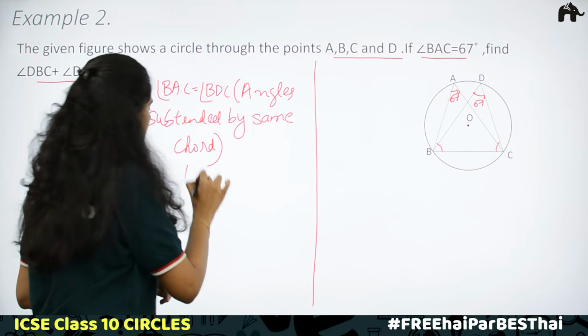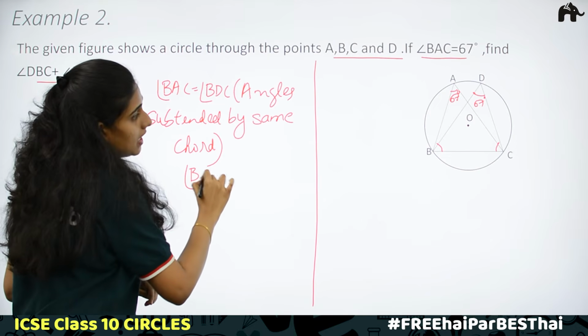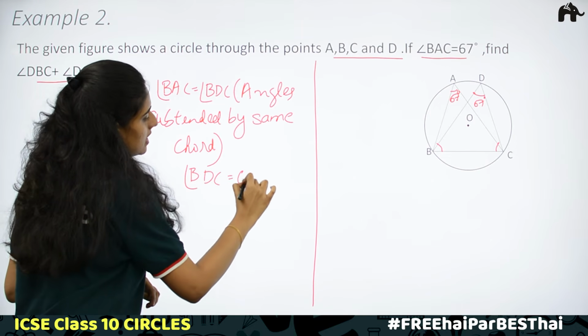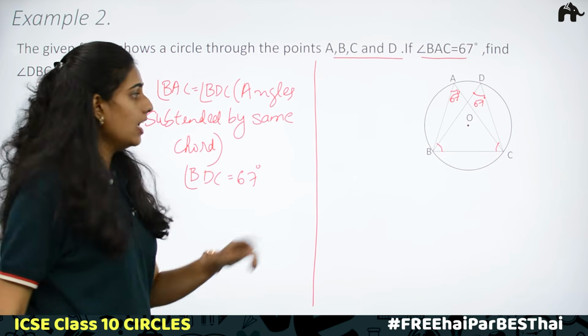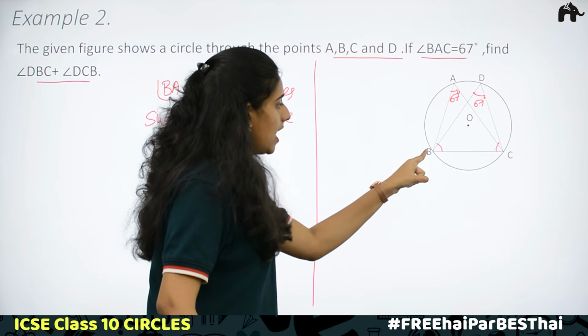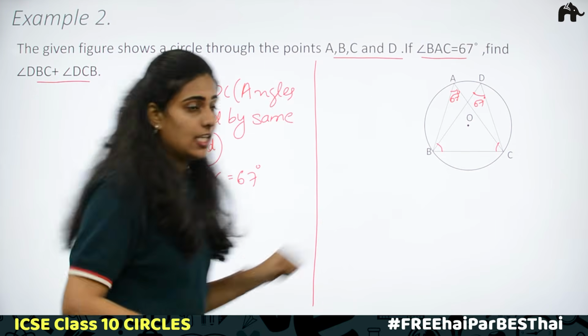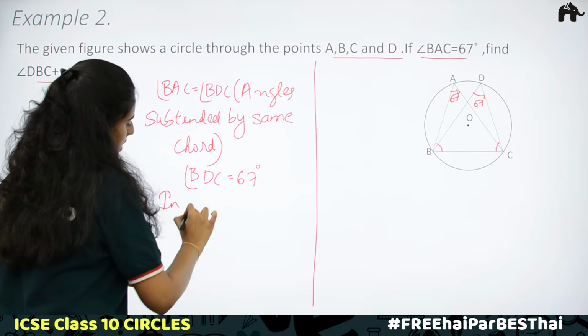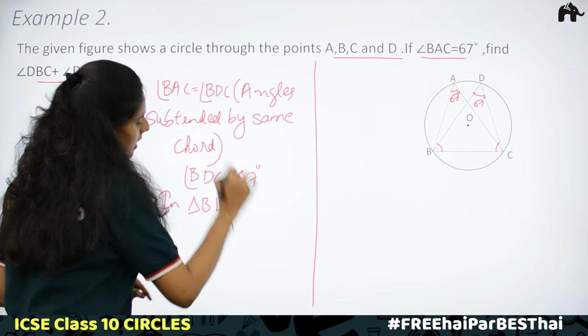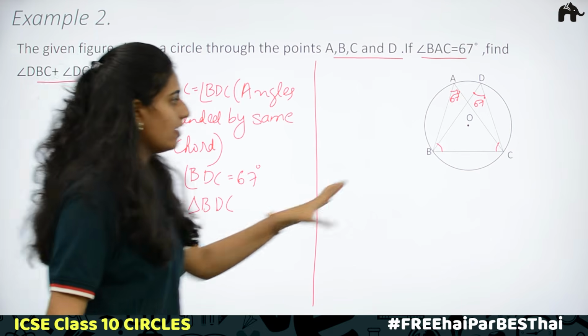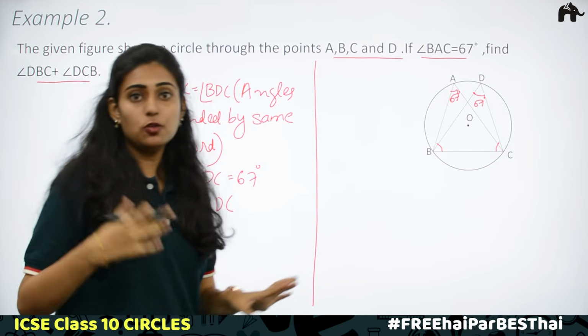That is angle BDC equal to 67 degree. Now, consider this triangle BDC. In triangle BDC, the sum of interior angles will be equal to 180 degree.